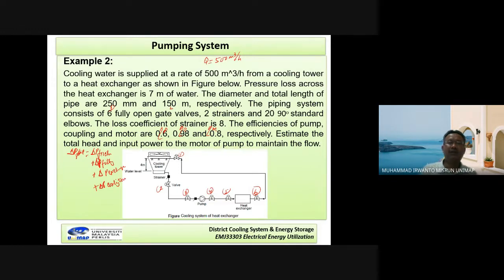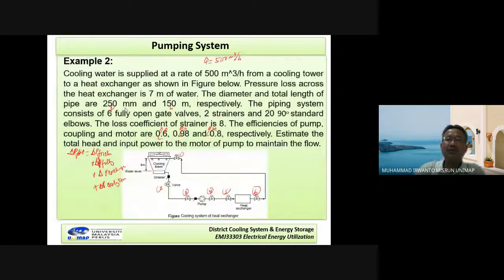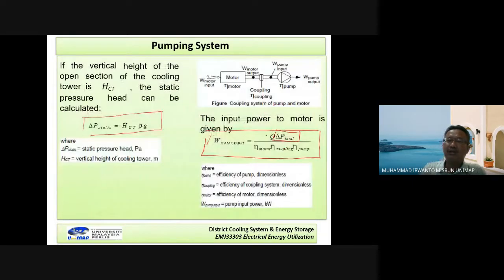This is what we want to find. For the friction, we find its length, 150, multiplied by how many Pa per meter. Now, look at first, we want to compute the value of Q, converting meter cubic per hour to meter cubic per second. Why? Because if we use this formula, Q is in meter cubic per second.